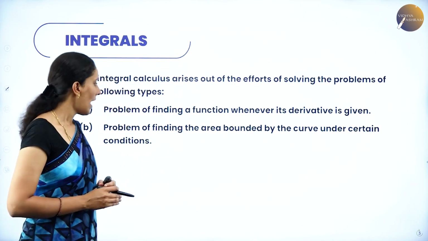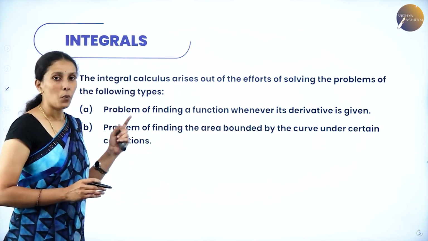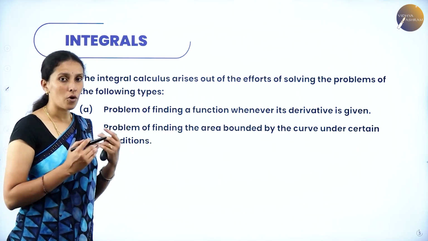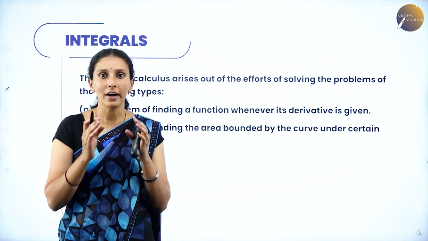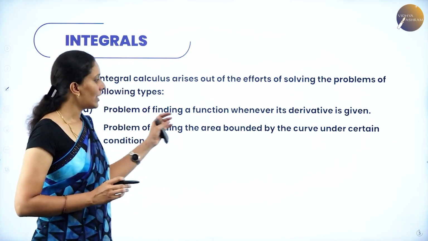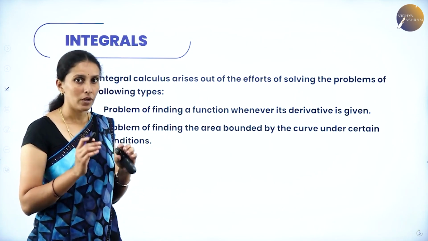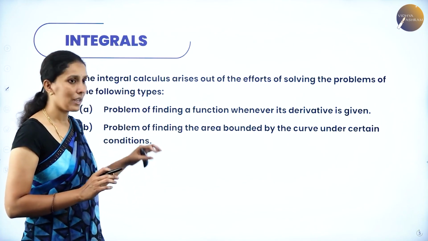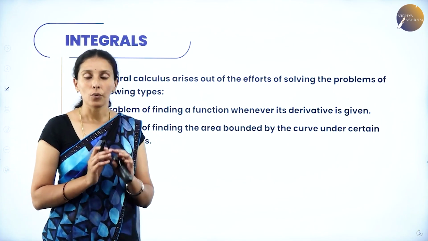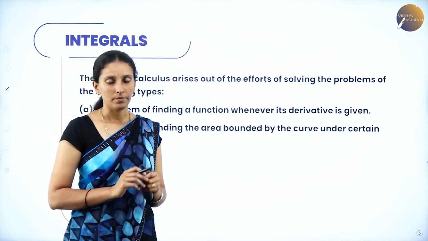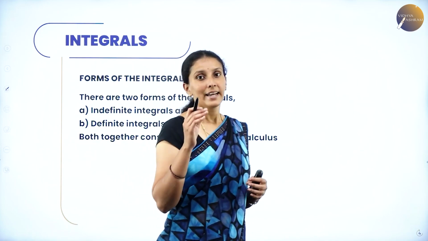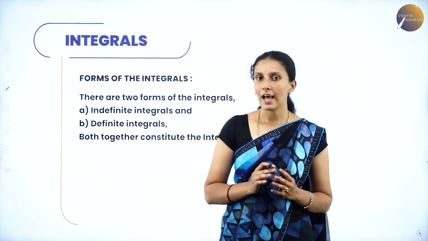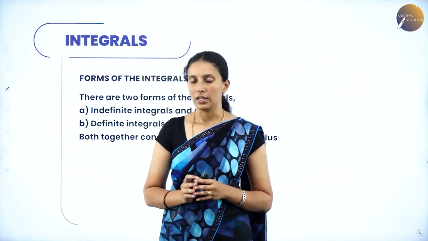anti-derivation also. And one more thing, why integral calculus is used or why it existed, because it helps us to find the area under the curve. That is, whenever the area is bounded by the curve, we are supposed to calculate that area under the given conditions with the help of integration. Now, there are two forms of integral. One is indefinite integrals and another one is definite integrals.